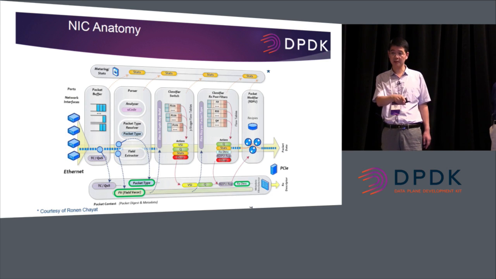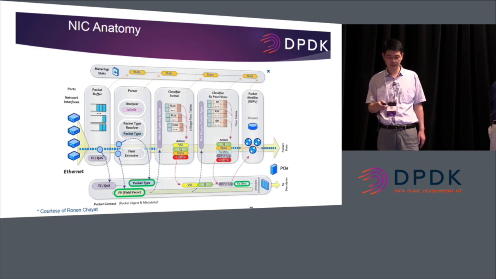All the filters are a little bit like a pipeline, but there's an action there. After the classification or filtering, the action could be to direct the packet to a specified queue or specified VSI, or just drop the packet. So a lot of actions are defined inside the silicon.